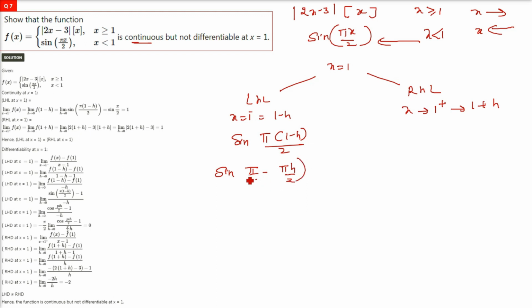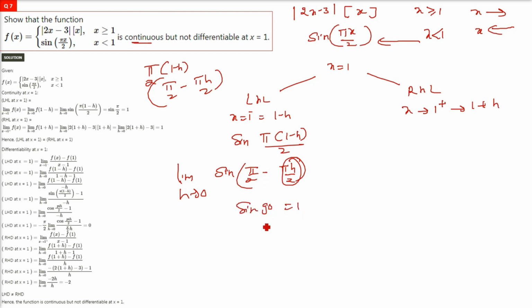It is sine of 90 minus theta. See, it is pi by 2 into 1 minus h, so I just multiplied it inside: pi by 2 minus pi by 2 h. Sine of 90 minus theta is cos theta. You can apply the limit here directly, and sine pi by 2 will be sine 90, which is 1.